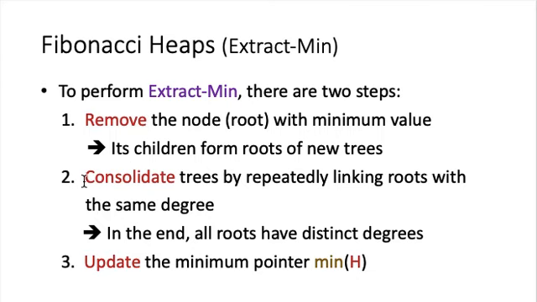In that case, we will perform this consolidate operation so that we will join the roots of the trees if they have the same degree. Just like the case for the binomial heap. So when we see 2 roots with the same degree, we join them together. So in the end, after this operation, all the roots will have distinct degrees.